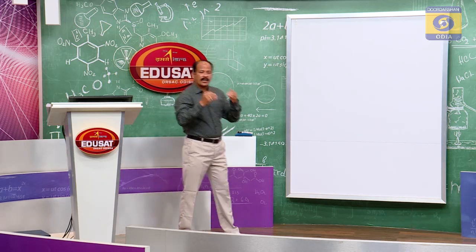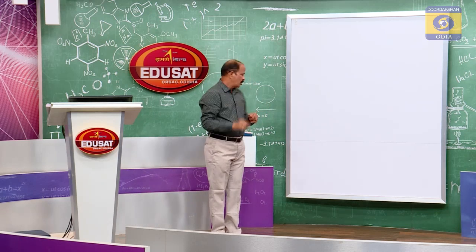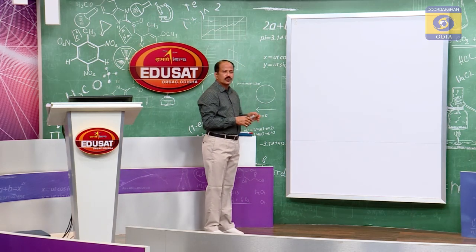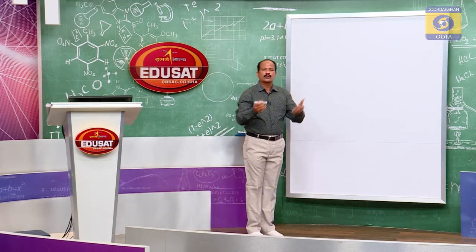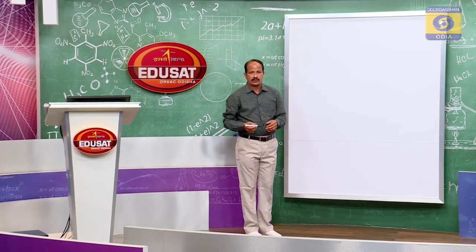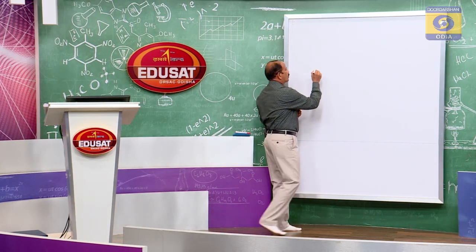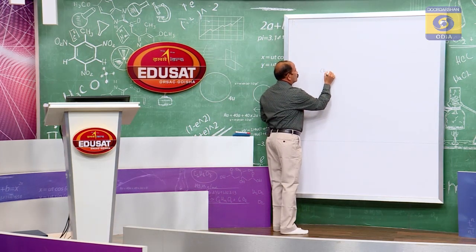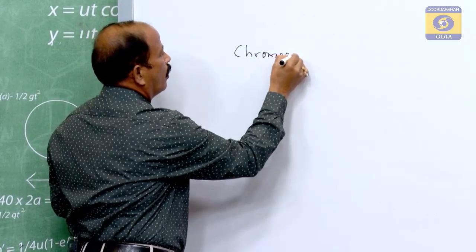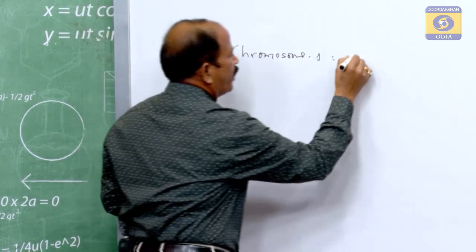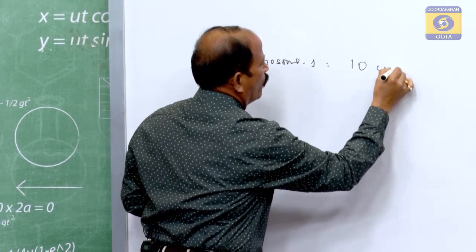The chromosomes are numbered from 1 to 23. Chromosome 1 is the longest chromosome, and the 22nd and 23rd chromosomes are the shortest ones. What we know is that chromosome 1 has nearly 10 centimeter of DNA in it.